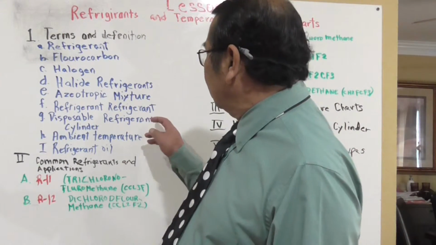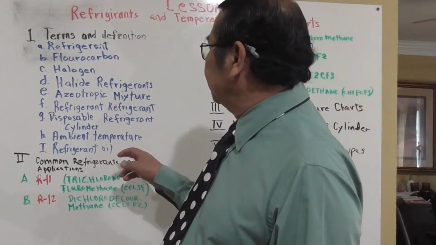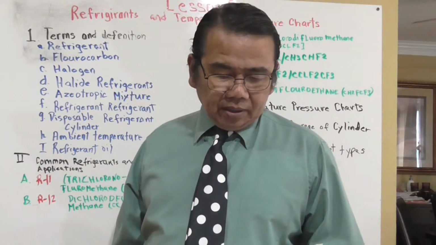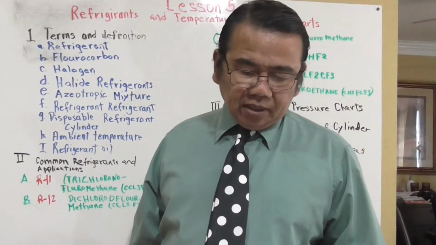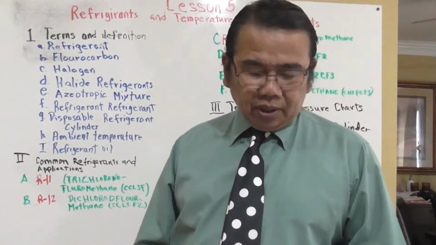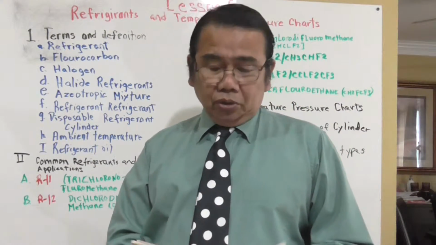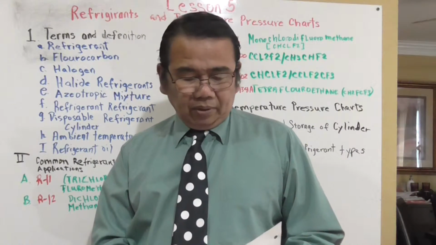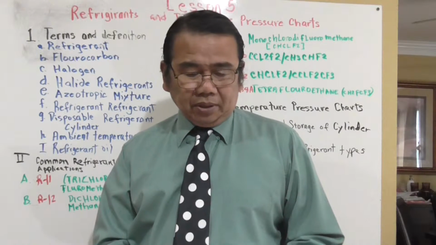And then we talk about the refrigerant cylinder. A refrigerant cylinder is a metal cylinder that is used to remove and store refrigerant, used when servicing an AC unit and when recycling refrigerant.